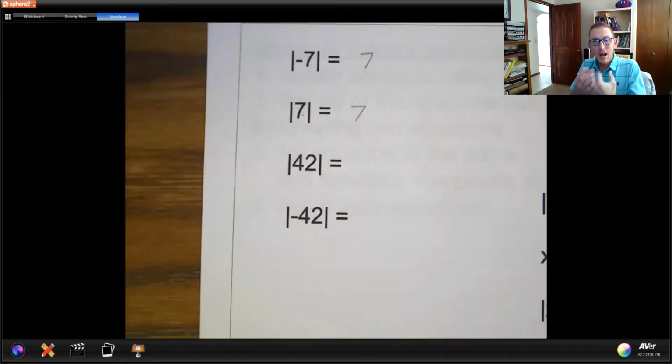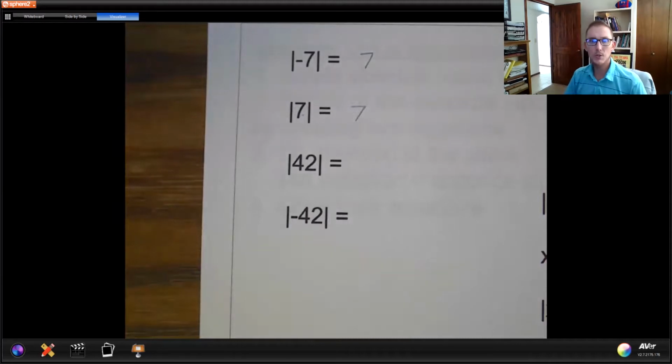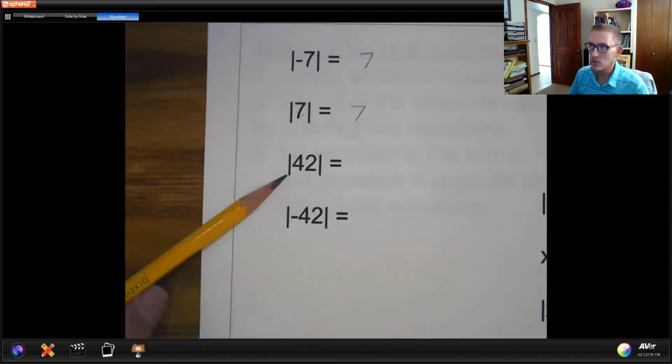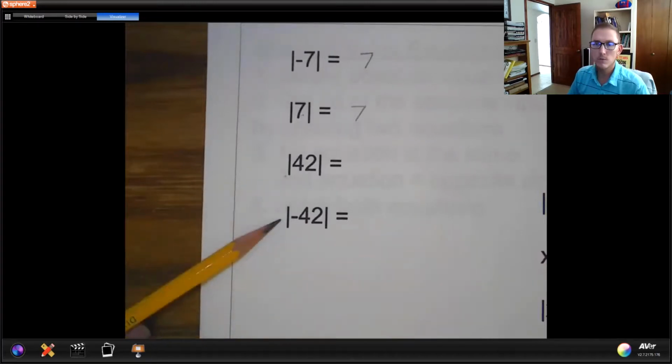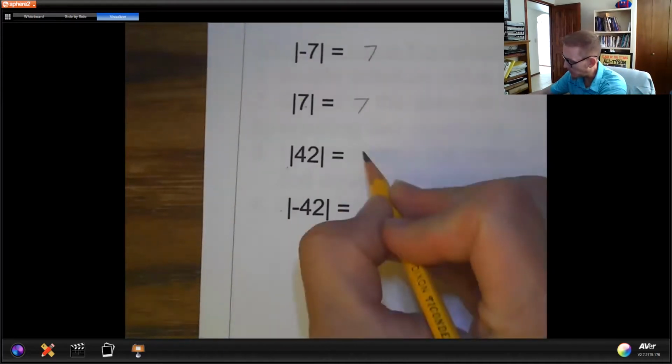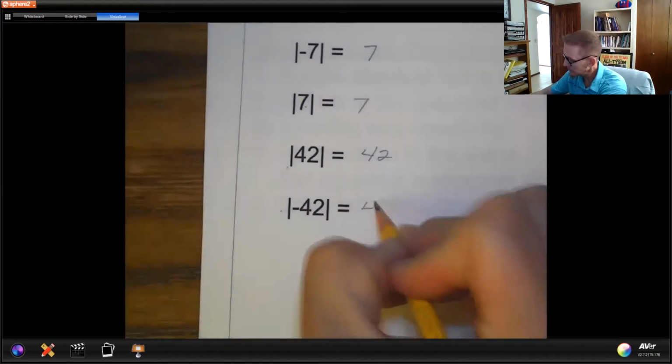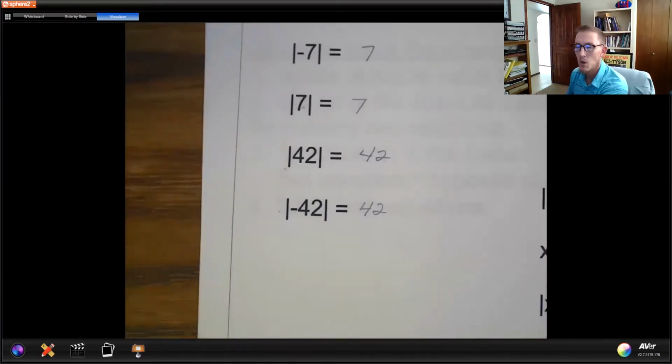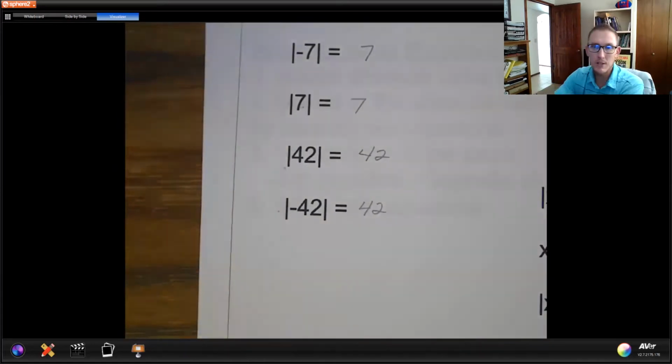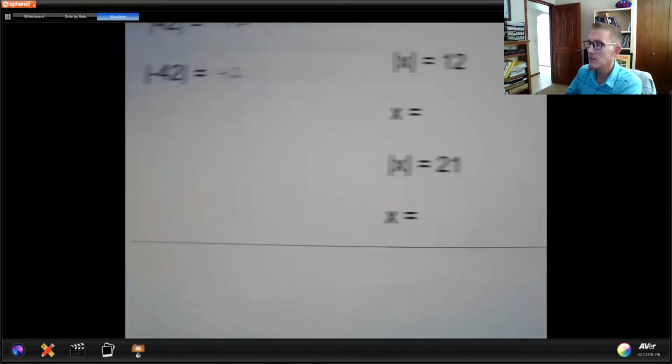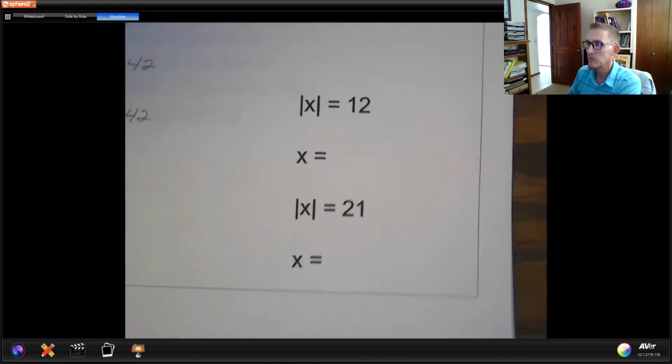So anything that comes out of the absolute value bars is going to end up being positive because it's measuring a distance. So the absolute value of 42 versus the absolute value of -42. Both of those answers are 42.